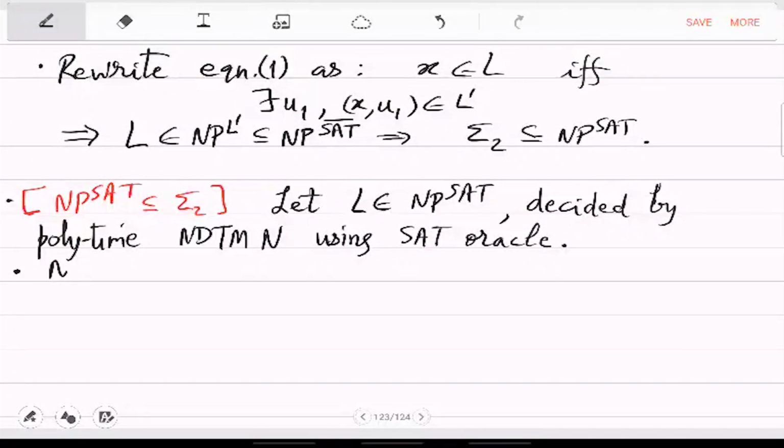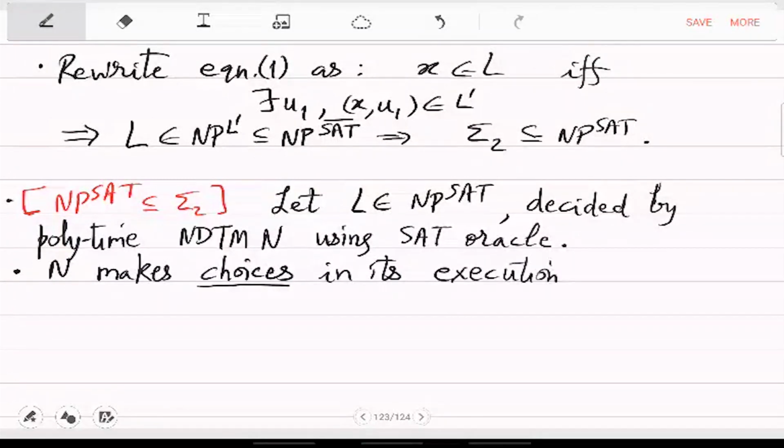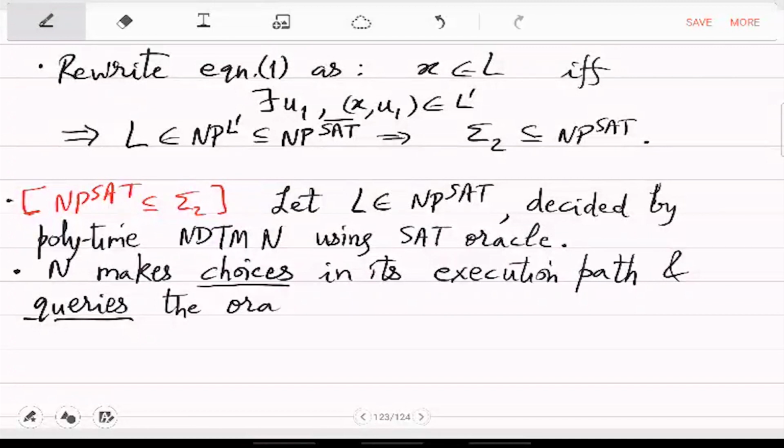N makes choices in its execution path and queries the oracle on CNF formulas.